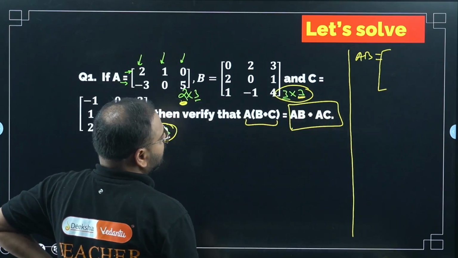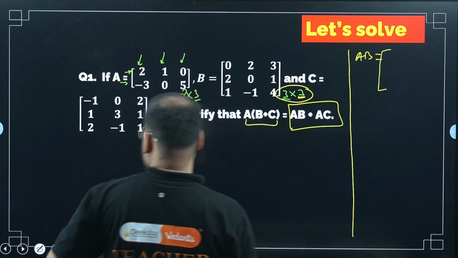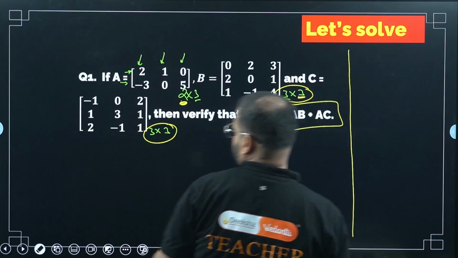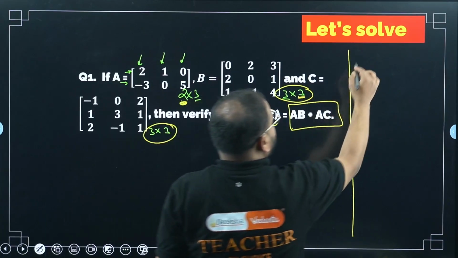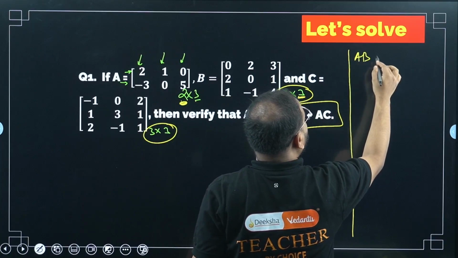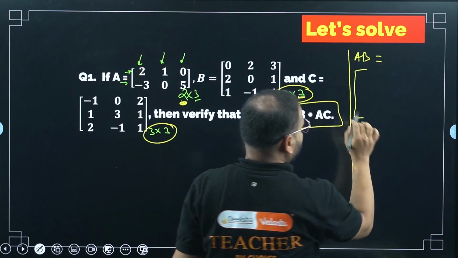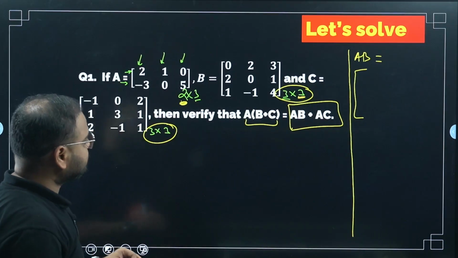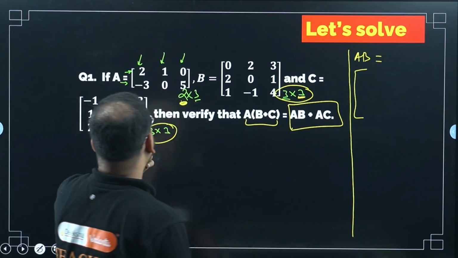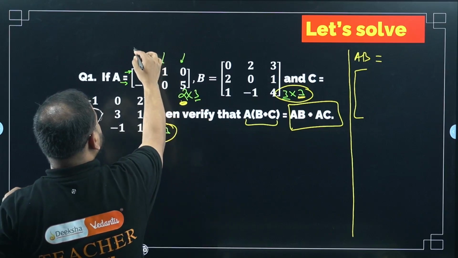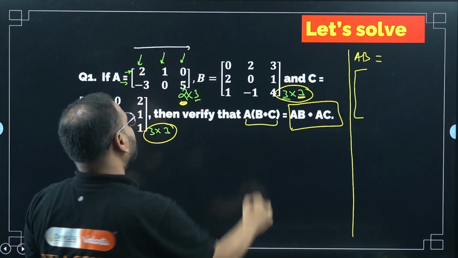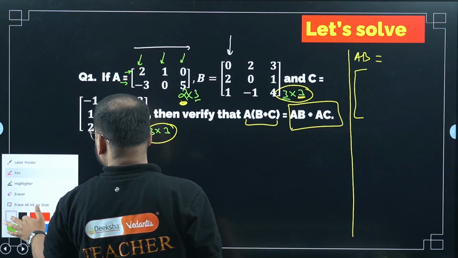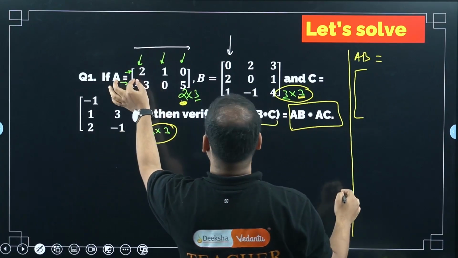Okay, sir. Great. So if I do that, what does my multiplication look like? Please cross check the multiplication. I might make some calculation mistake, but I'll try not to. Okay. So first, we take the first row and multiply with the first column, taking the corresponding elements.